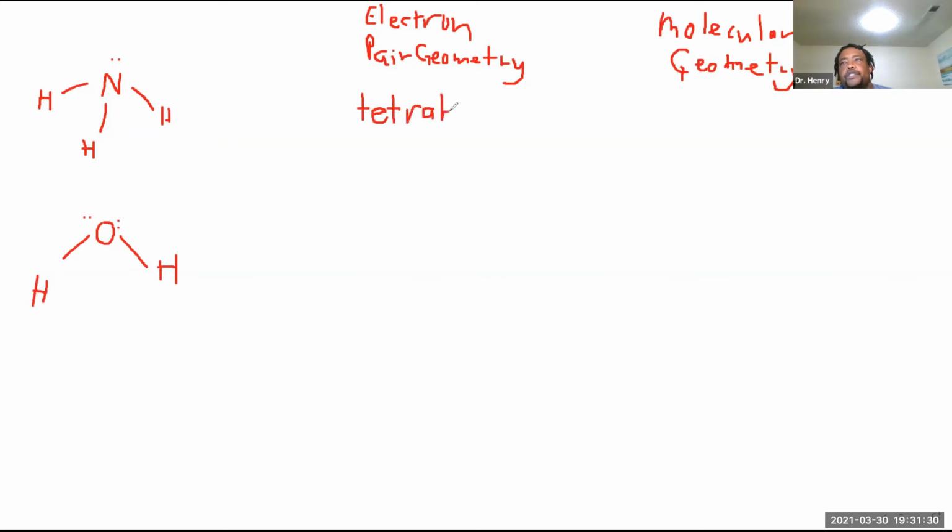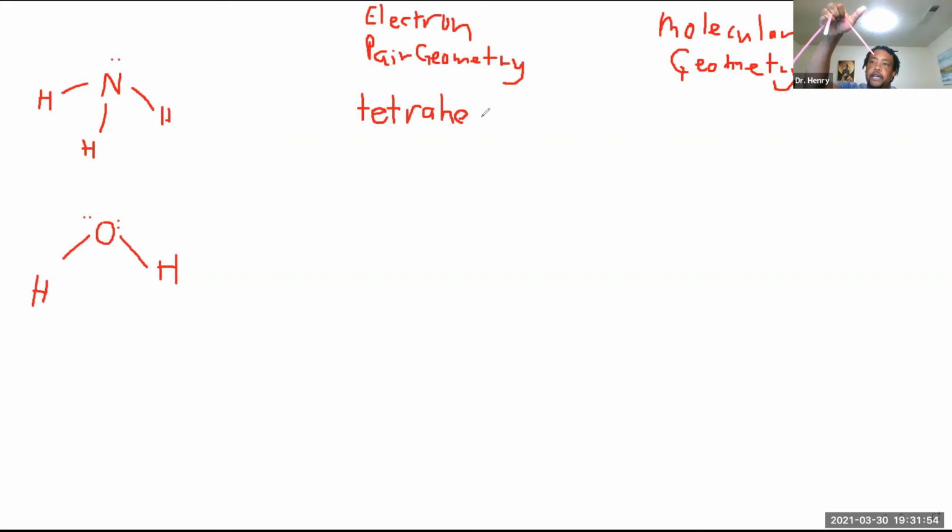Now for the molecular geometry, what happens is that you don't see the lone pairs, right? And in this case, you have these three attachments. We have three hydrogens, and my hand represents the nitrogen in the middle. But the lone pair acts on the hydrogens. It pushes them down, so they form what we call a pyramid, right? So it'll be bipyramidal.